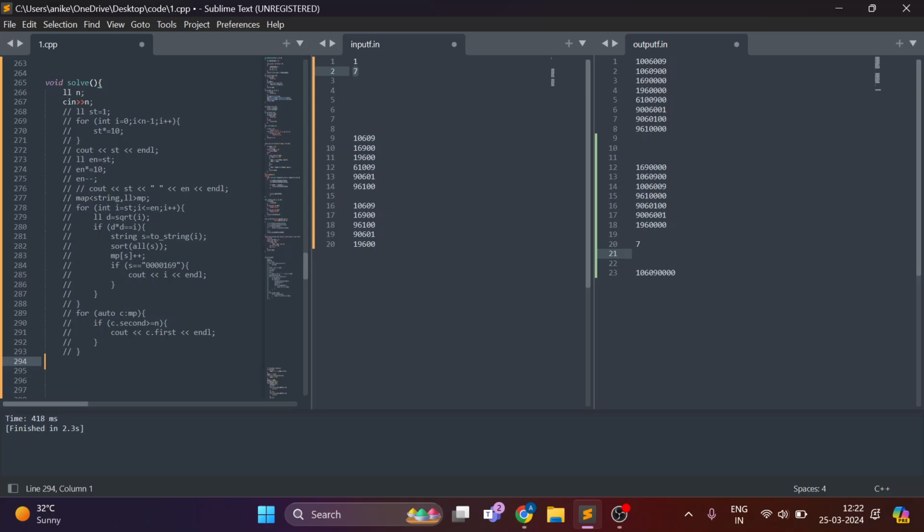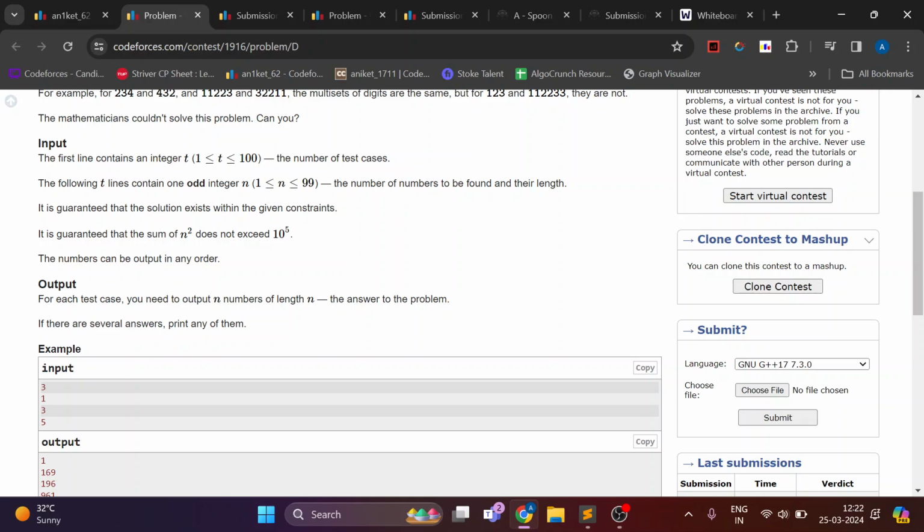But when you can't find such observations, you write a brute force and complete your proof by finding some more observations. So this is how I solved this problem.